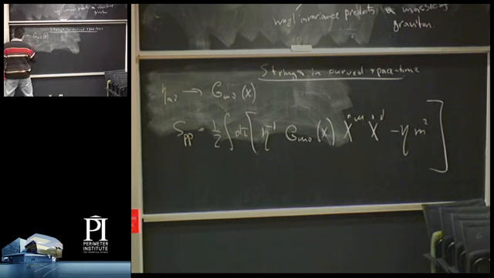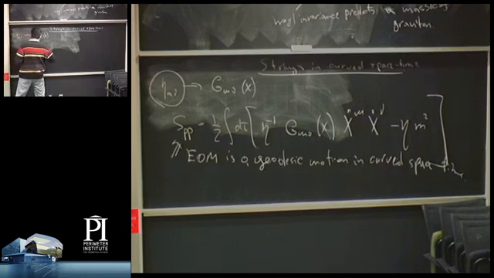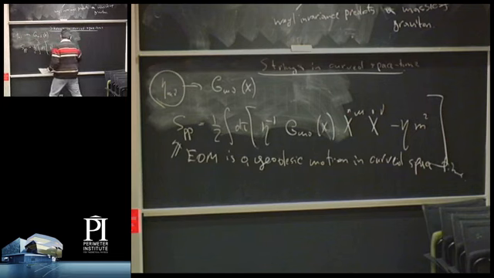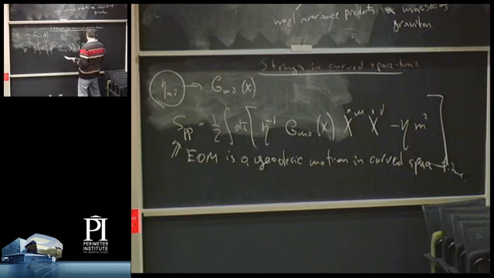And then the action for the point particle is going to be equal to one half an integral in tau. Here I have a frame along the worldline of a particle. Then I have g mu nu as a function of x, times x dot mu x dot nu, minus m squared. Right.